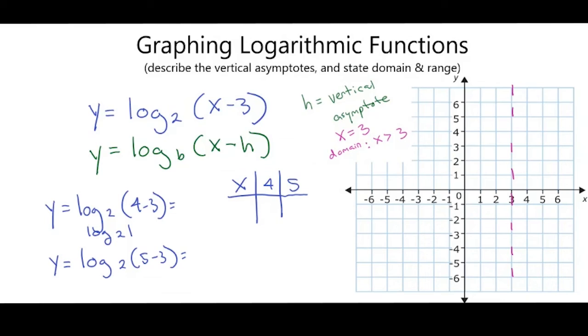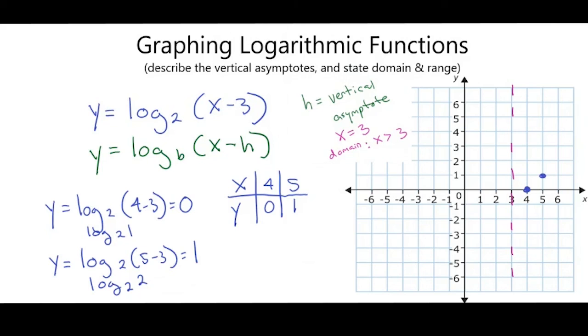Well, 2 raised to the 0 power is 1. And here I have log base 2 of 2. Well, 2 raised to the first power is 2. So for my y values, I have 0 and 1. So the 2 points that I'm going to plot are (4, 0) right there, and (5, 1).